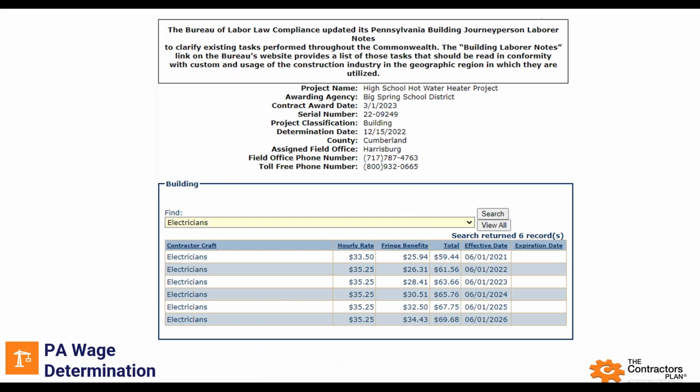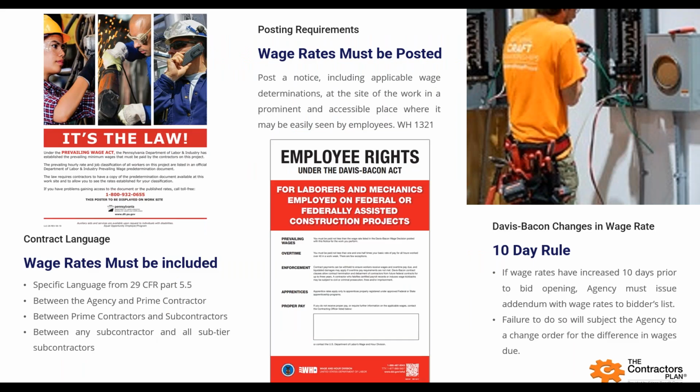Here's a specific state prevailing wage out of Pennsylvania, again, Cumberland County as an example. So you see there's slight differences, but very, very similar. So a couple of suggestions here. Contract language, assuming this is a Davis-Bacon Act, that specific language from 29 Code of Federal Regulations Part 5.5 must be in the bid.